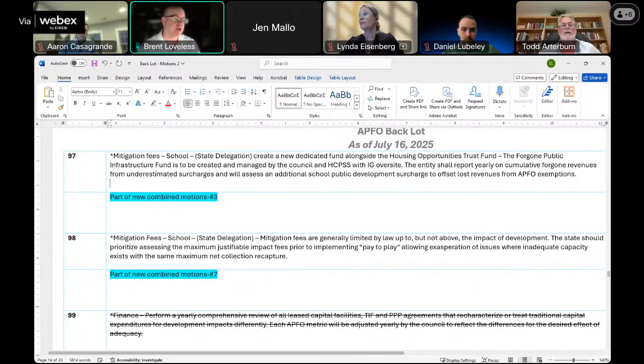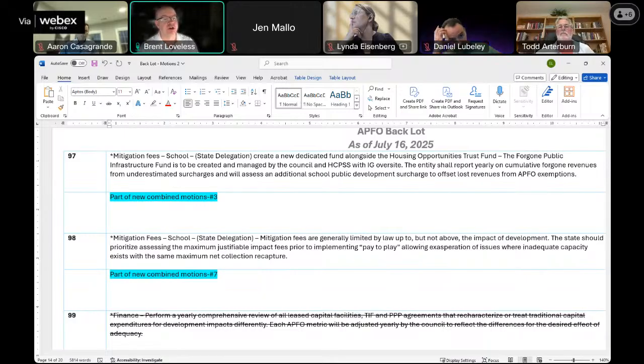97, make a motion to create a new dedicated fund alongside the Housing Opportunities Trust Fund. The foregone infrastructure fund is to be created and managed by the council and Howard County Public School System with IG oversight. The entity shall report yearly on cumulative foregone expenses from underestimated surcharge and will assess an additional public developments surcharge to offset lost revenues from APFO exemptions.